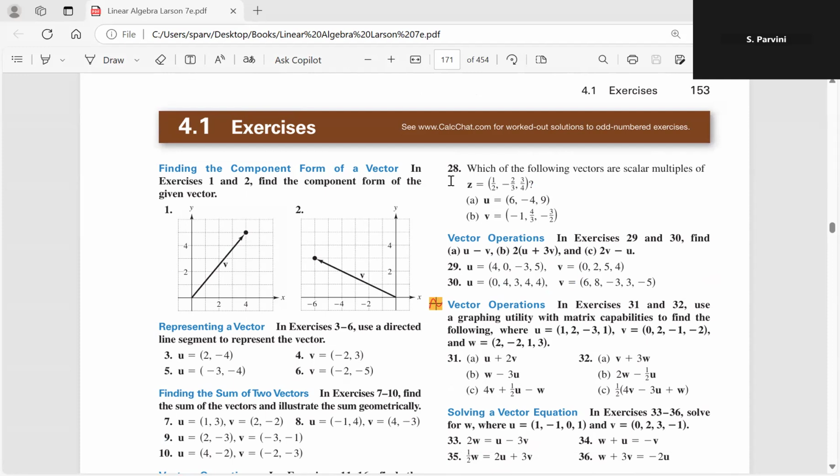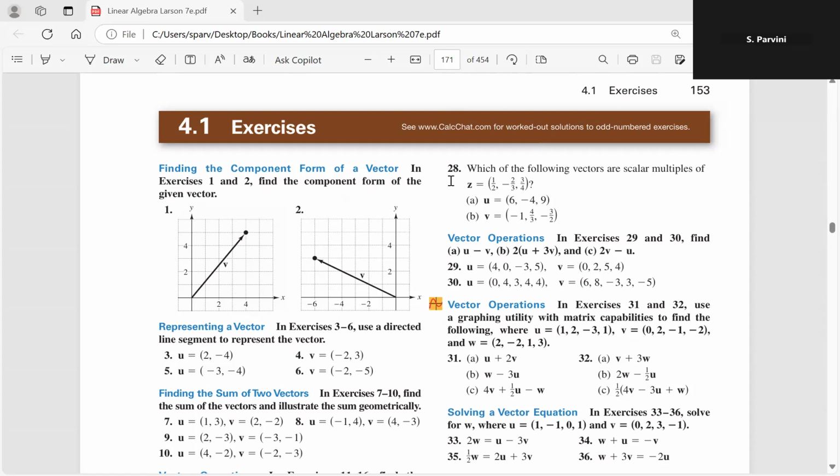In exercise number 28, the question reads, which of the following vectors are scalar multiples of z? Now, vector z here is given by 1/2, comma, negative 2/3, comma, 3/4. That's vector z. And let's take a look at vector u.